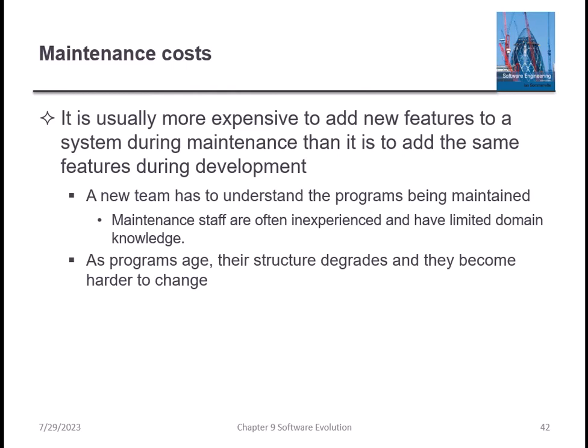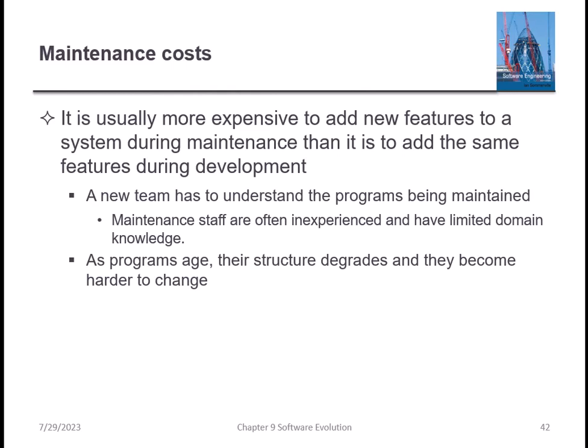A new team has to understand the program being maintained. Obviously, maintenance staff are often inexperienced and have limited domain knowledge. One more thing: during development, all the team know what to do and what the system is. They have already explored it, and they have documentation in their hands.